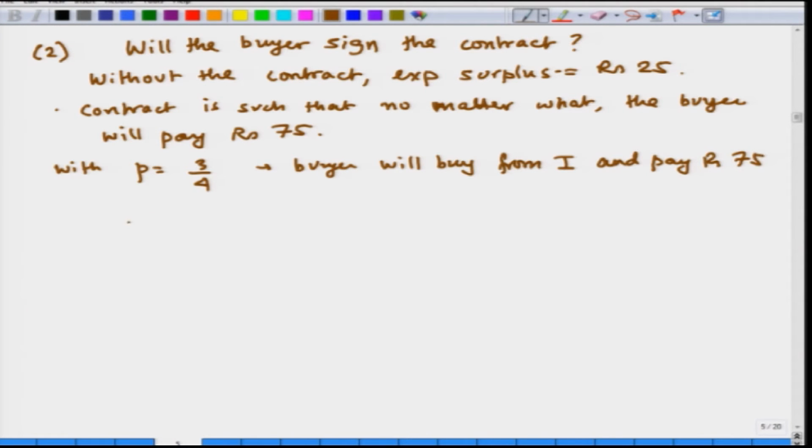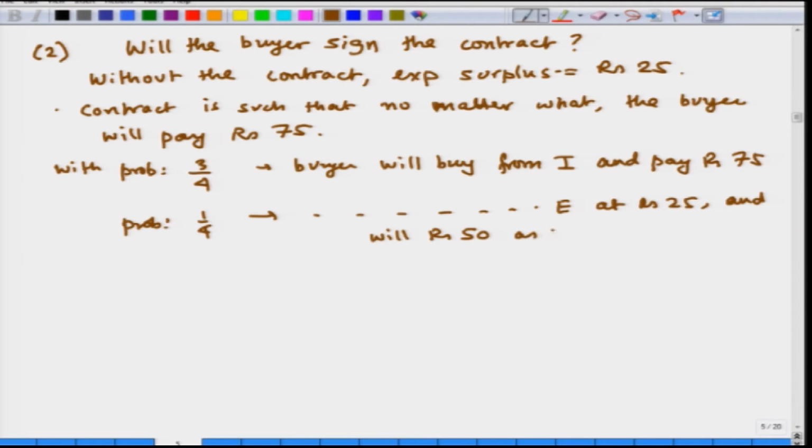With probability 1/4, the buyer will buy from the entrant at rupees 25. So, the buyer will pay the entrant 25, but then will pay rupees 50 as the penalty, because if I am breaching the contract I need to pay 50 rupees to the incumbent.